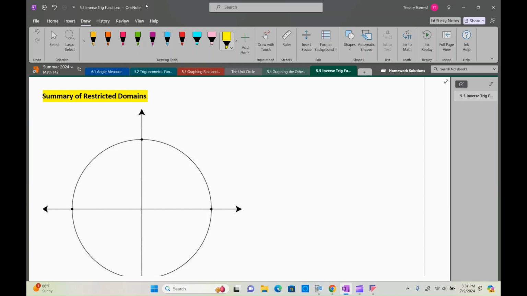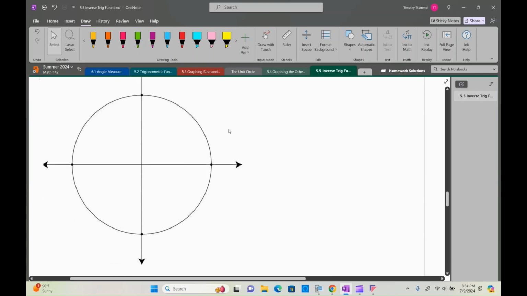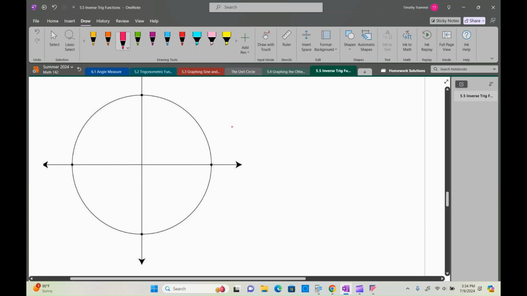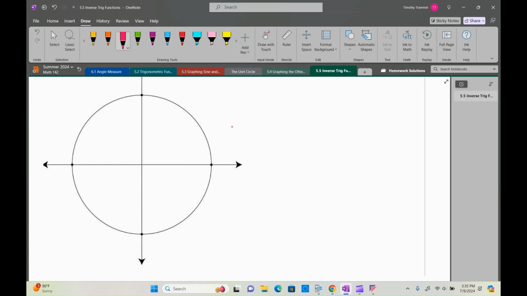I usually make a little diagram here to help myself remember. I don't really have to look at it anymore, but when I was first learning this, I was always thinking about this. You may have noticed both sine inverse and cosine inverse were able to give us angles between minus pi over 2 and pi over 2.